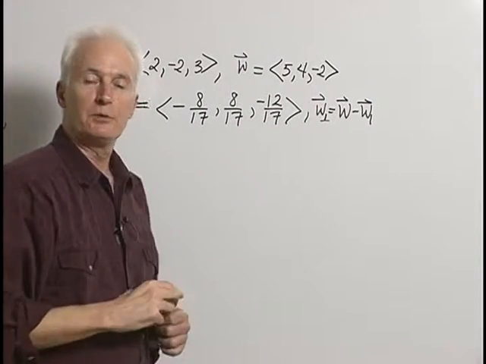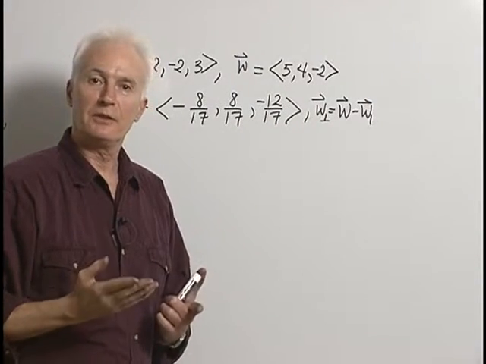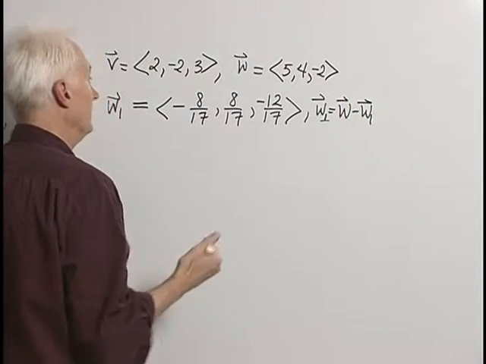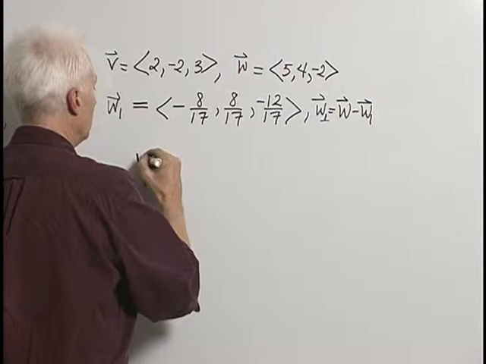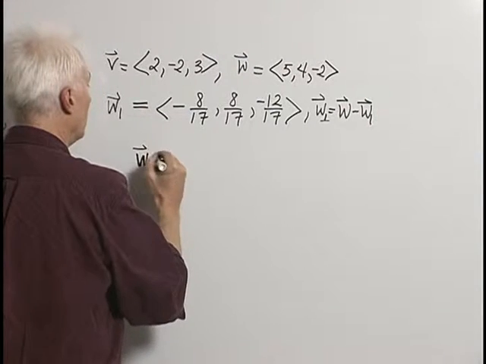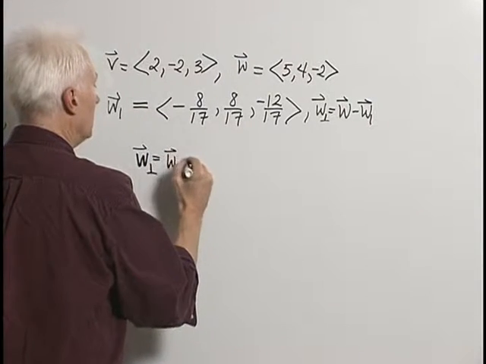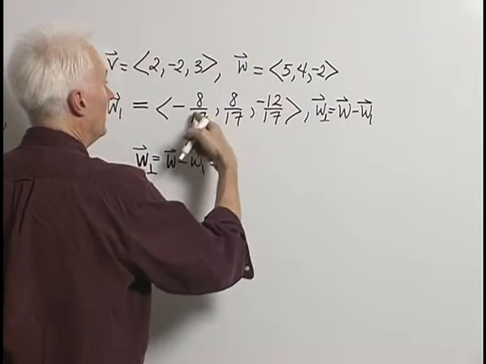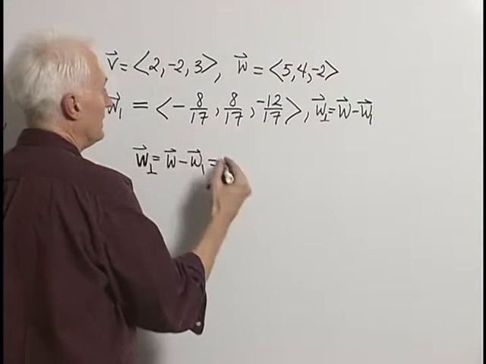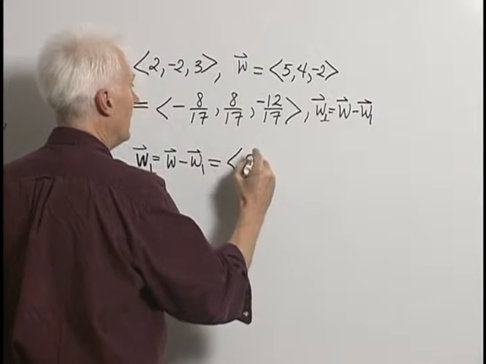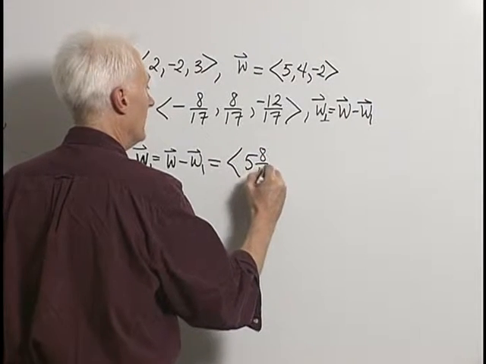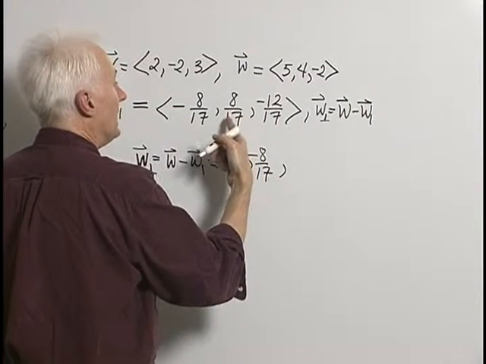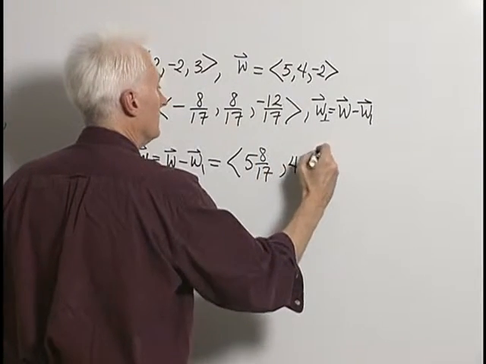Well, remember, to subtract one vector from another, you just subtract corresponding components. It's so easy. And so now w sub perp, being w minus w1, is simply 5 minus negative 8/17. Well, that's 5 plus 8/17, or 5 and 8/17. Then 4 minus 8/17.